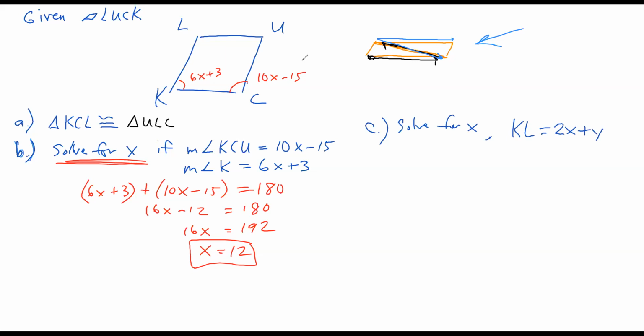And then they're telling us that LU is 7. UC is 14. And finally, KC is 5y minus 4x. Need an equal sign in there.